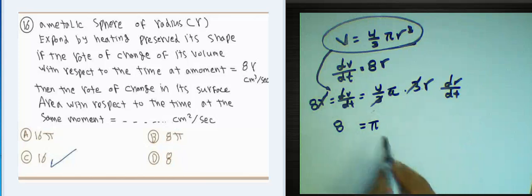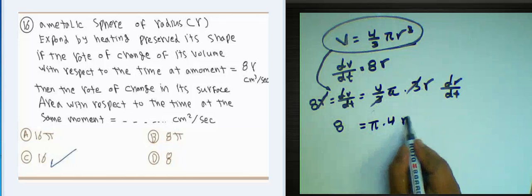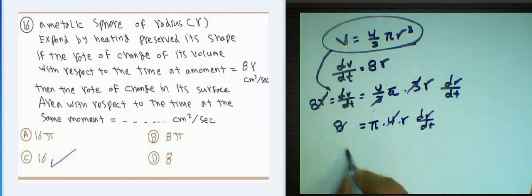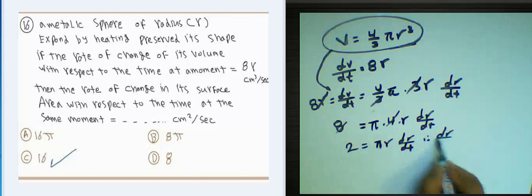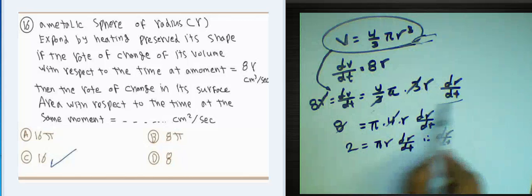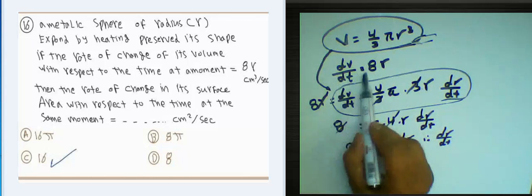r dr over dt, multiplied by 4, here 4 pi times r dr over dt. We can divide by 4, then 2 equals pi times r dr over dt. Understood or not? I write the volume here and write the derivative of the volume here and set equality between the two relations.